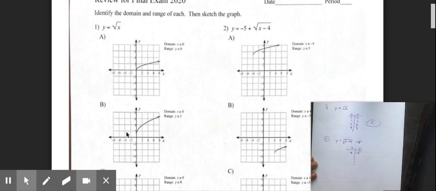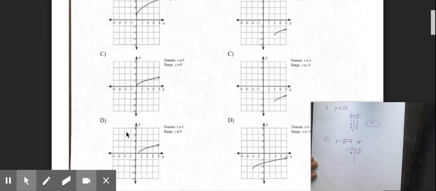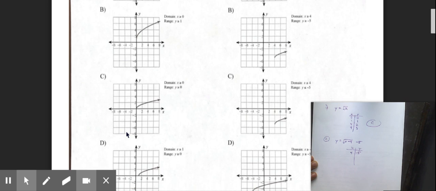If you look at these pictures, the only ones that have a starting point at 4, -5 are B and C. However, in C, they flipped the direction of the range, but it's still going to be values greater than -5. So the correct answer for that is B.